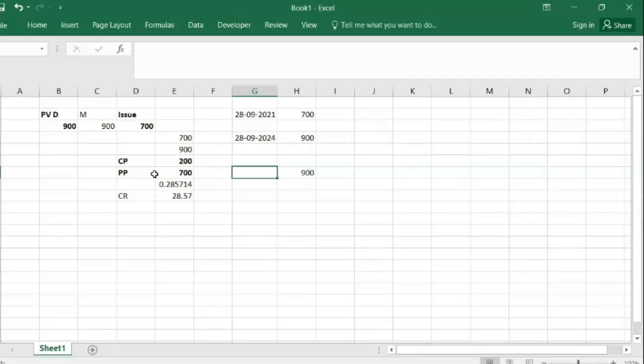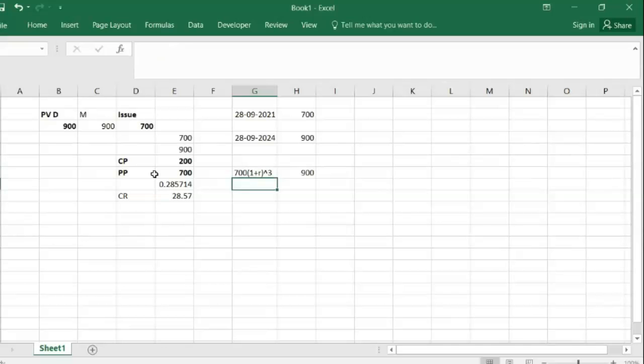So you know there is a formula we apply for the compounding rate of return: P multiplied by (1 plus R) to the power n. Here the principal amount is 700 rupees, 1 plus R we don't know yet, and n is 3 years.